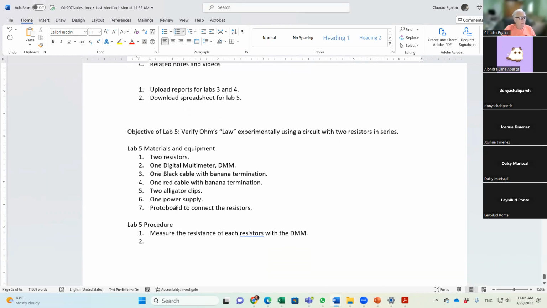Okay, so 2 resistors, 2 alligator clips. Measure the resistance of each resistor with the DMM, right? Procedure. Start with the power supply.